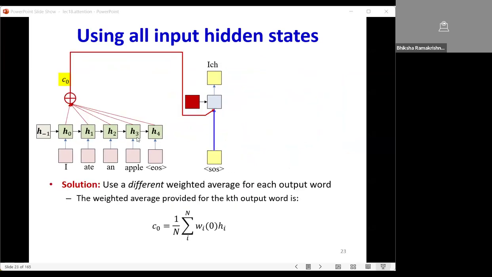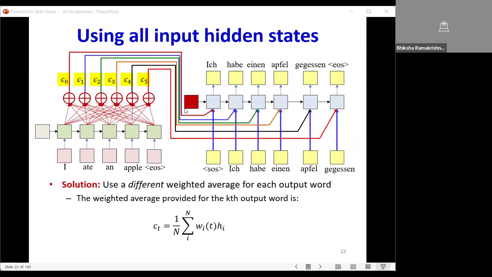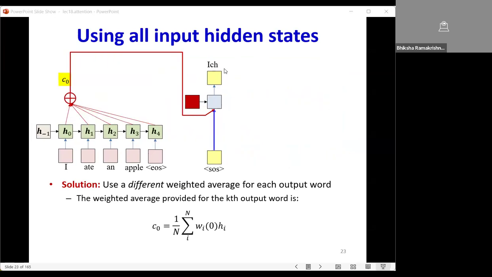So how does this work? When you're generating "ish", you would be computing some weighted sum of these hidden state values, and the weights are specific to this first output. And then you'd compute whatever you did and draw a word.